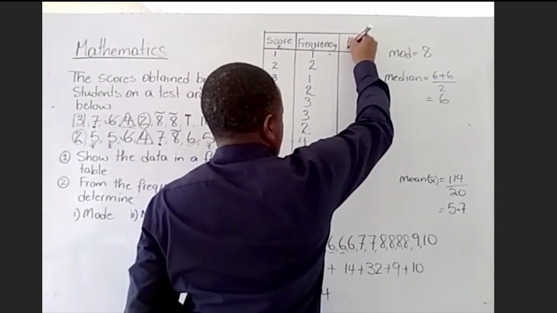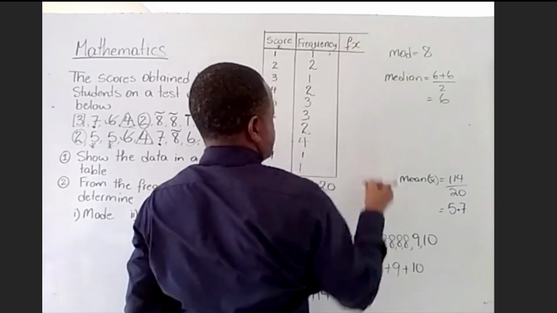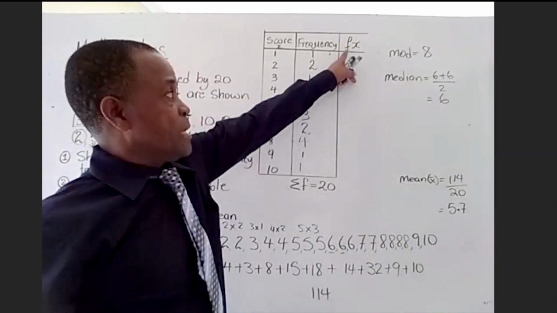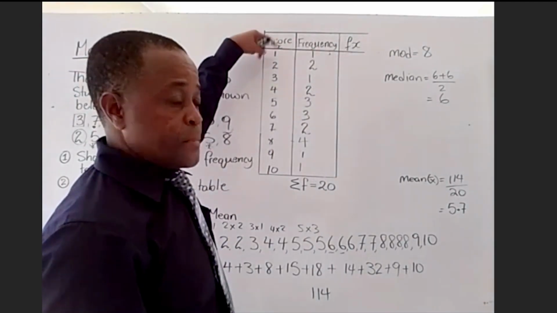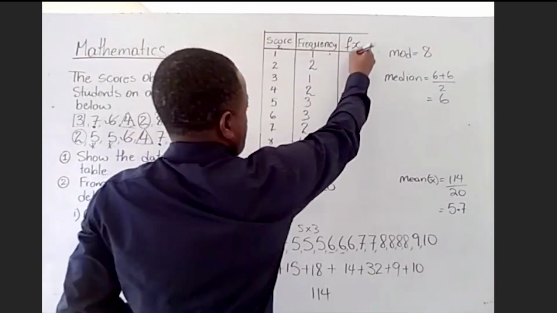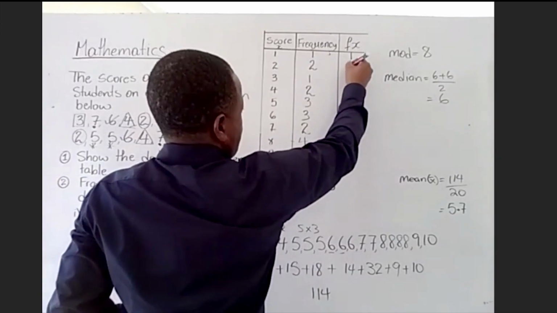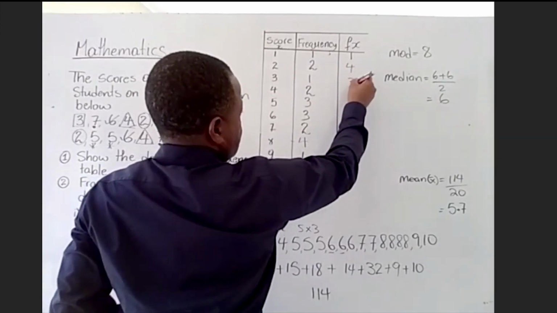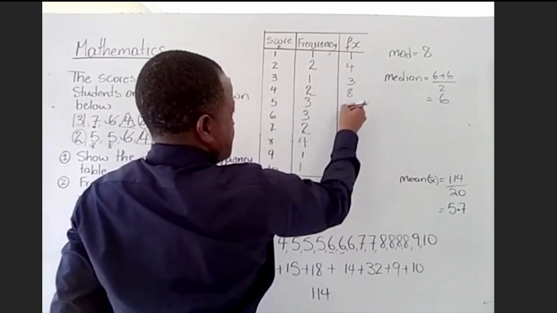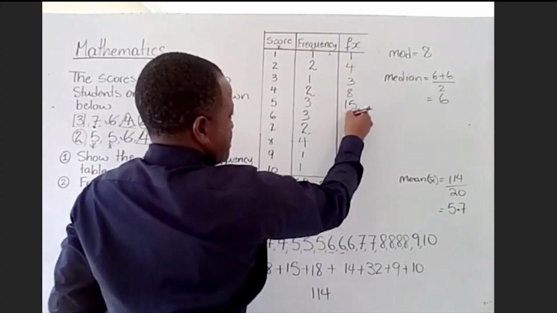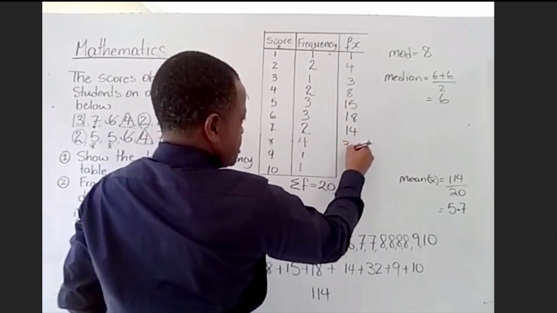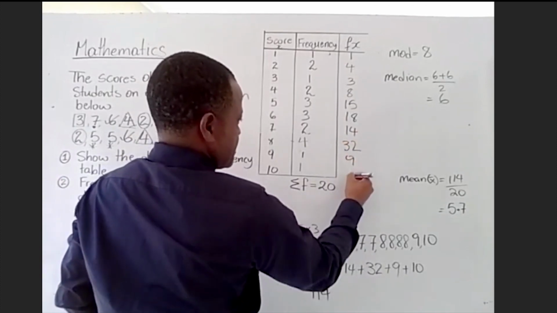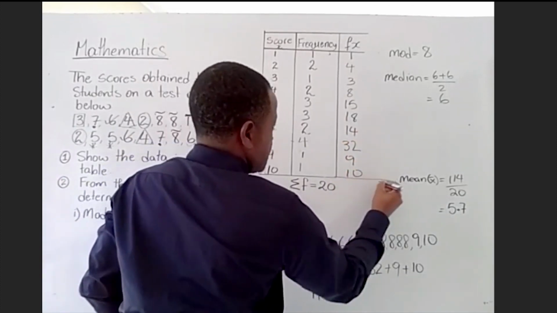So I'm going to put here my FX. That means the frequency multiplied by the score. So let's go and multiply. That would give me 1, 4, 3, 8, 15, 18, 14, 32, 9, and 10.